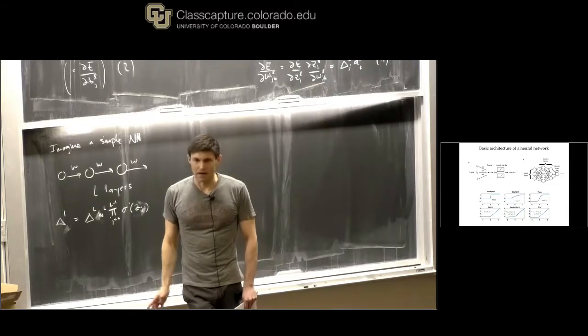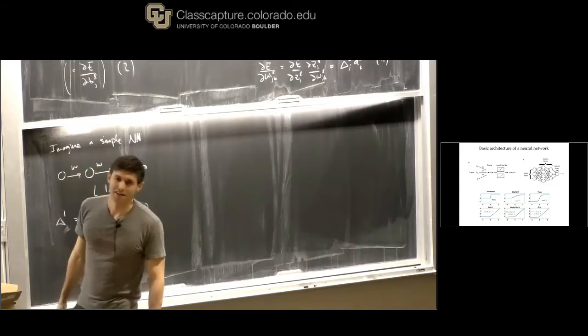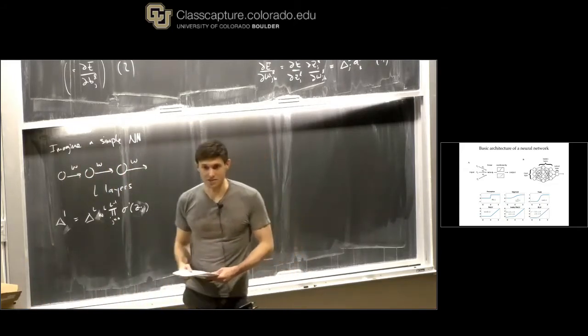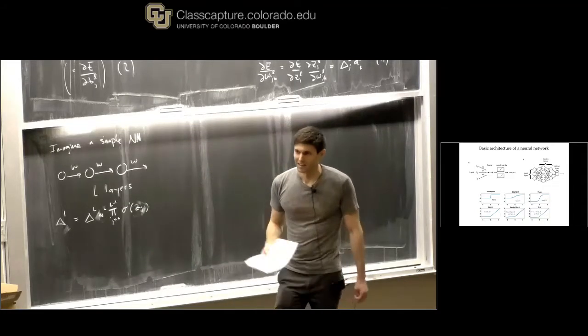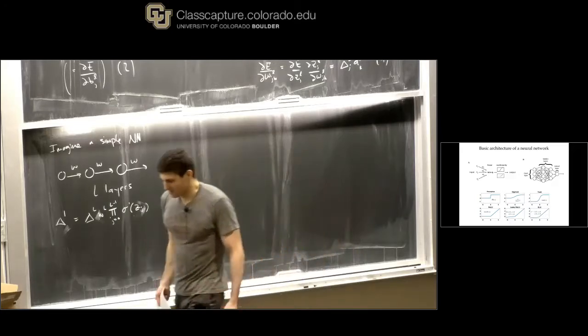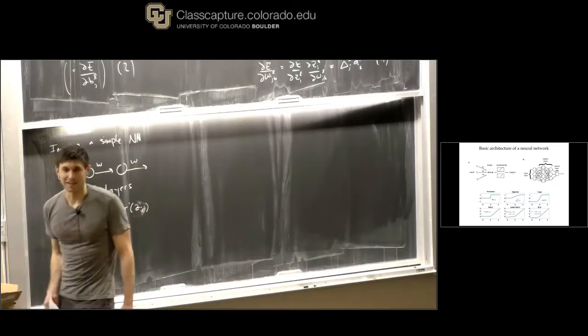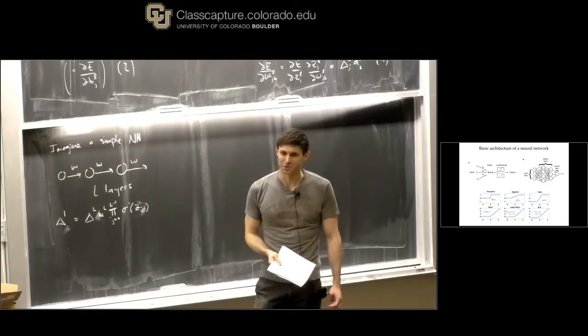And in practice, how to actually do that is beyond the scope of what I can tell you today. You can find easily on Google all sorts of initialization schemes. But this is one of the really important aspects of training neural networks that can take a long time to get right if you don't know what you're doing. So I recommend Googling.